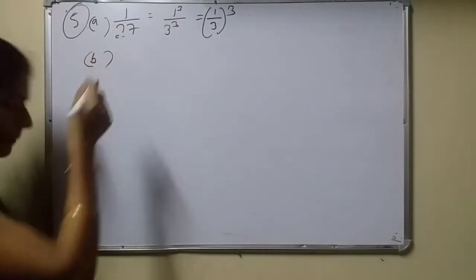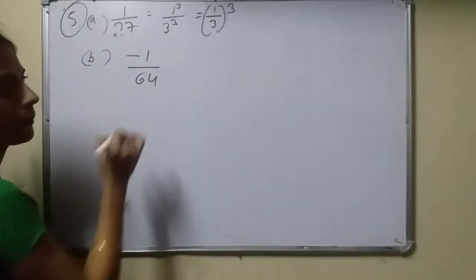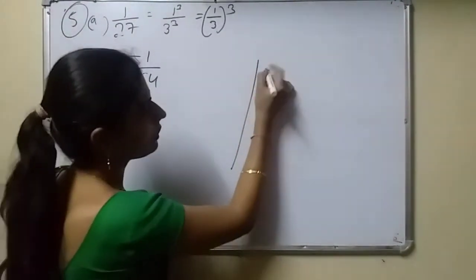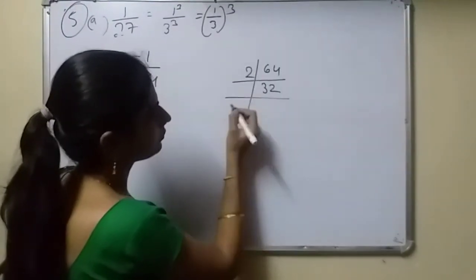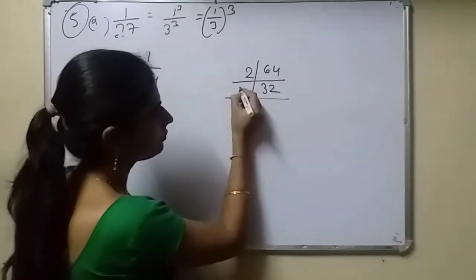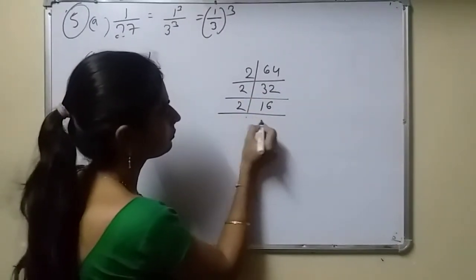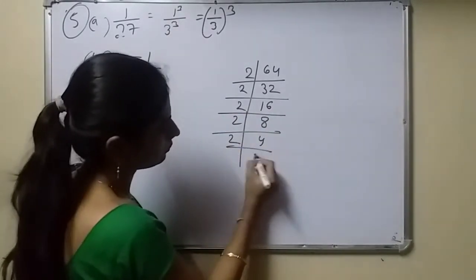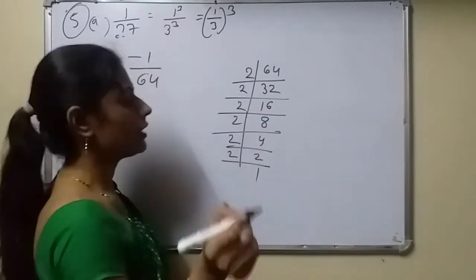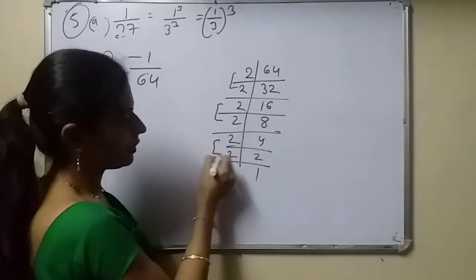Now see B, minus 1 by 64. Now for 64, take out the LCM. Now see, how many pairs did you get here? 1, 2, 3.